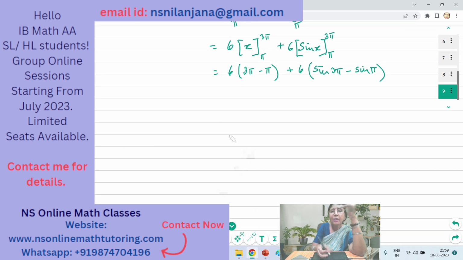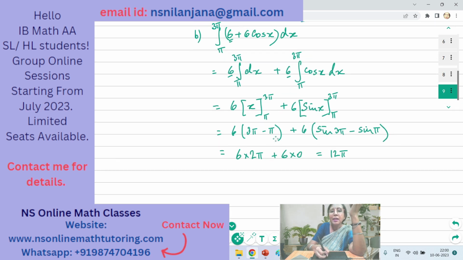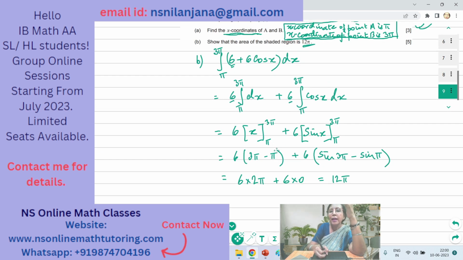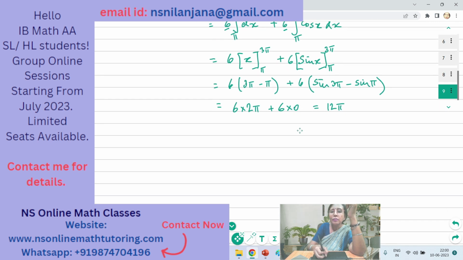And 3 pi minus pi is 2 pi, so this is 6 times 2 pi, plus 6 times (sine 3 pi is 0, sine pi is also equal to 0), so 6 times 0. 0 minus 0 is 0, which gives 12 pi. They had asked us to show that the area is 12 pi. We have shown.